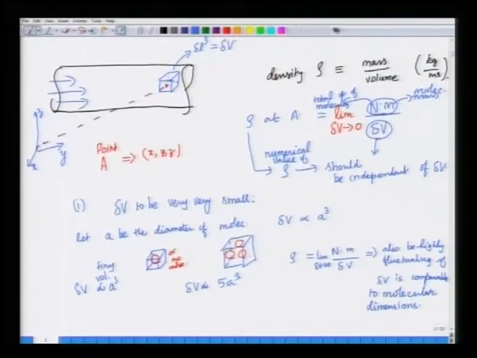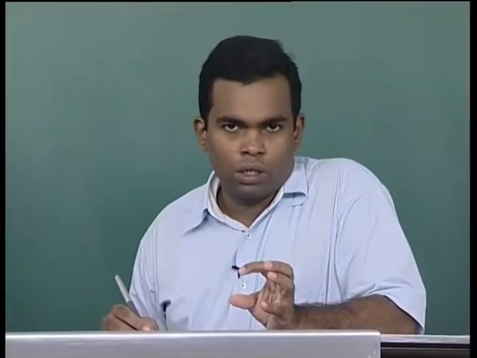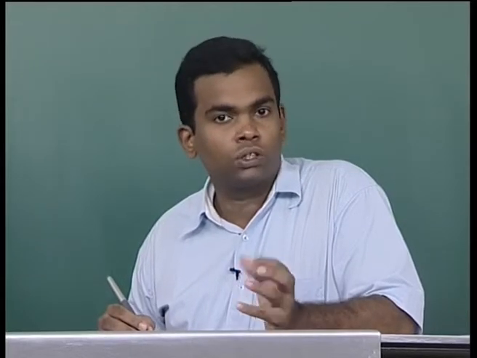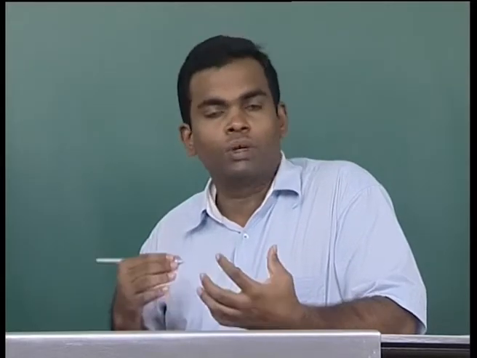So, clearly there is a lower limit as to how small your delta V can be, because if your delta V is too small, density is not uniquely defined, because it will fluctuate very wildly.